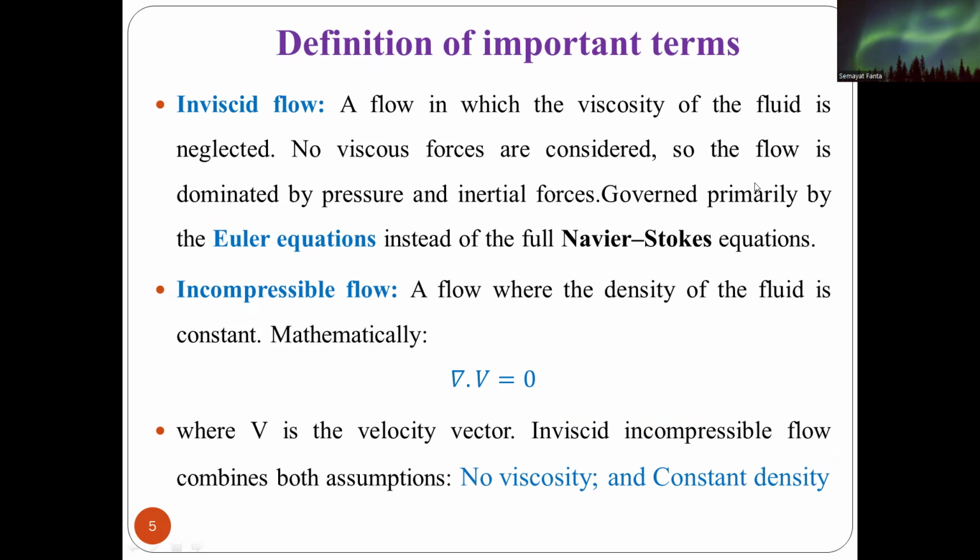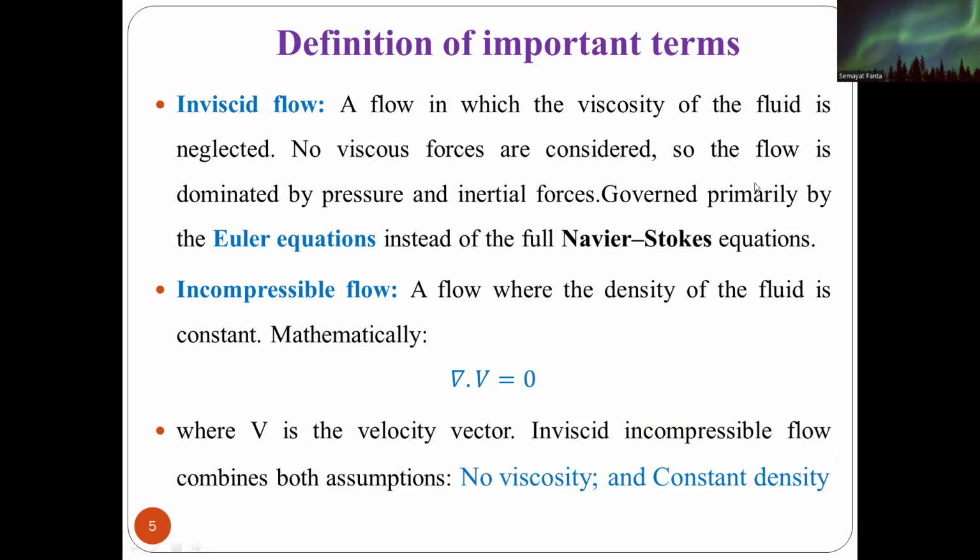Again, when we come to incompressible flow, it is a type of fluid flow in which the fluid density is considered constant. That means the rate of change of density is zero, because the density is considered constant, and the flow is within low speed flow.